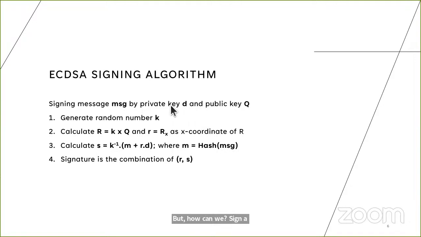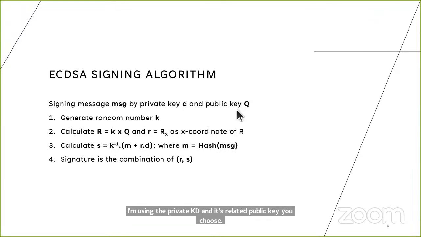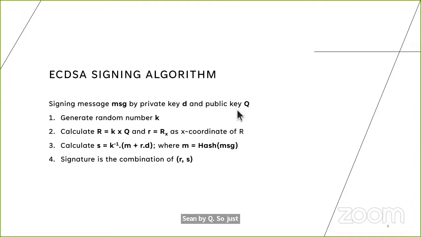Let's say we have a message and we want to sign it by a private key d, with its related public key, which is shown by Q. The signature is computed in 3 steps.